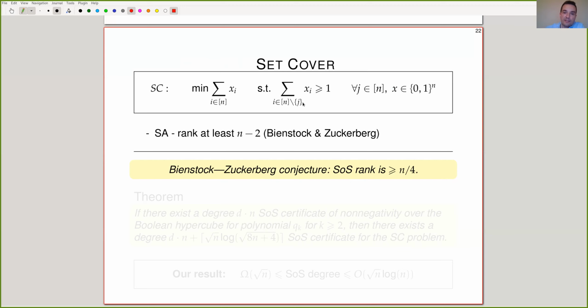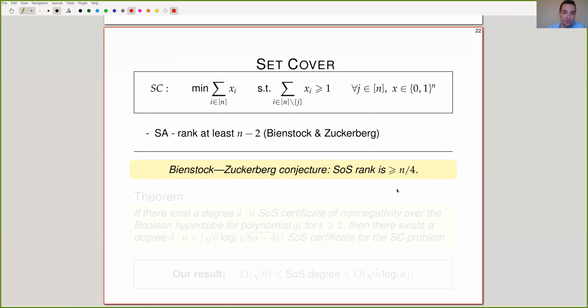We have n constraints. Every constraint is missing one of the variables. And over the Boolean hypercube, the minimum value is 2. This problem has been studied from the perspective of different proof systems. And actually, Bienstock and Zuckerberg conjectured that the sum of squares rank of this problem, the sum of squares degree, is at least n/4.